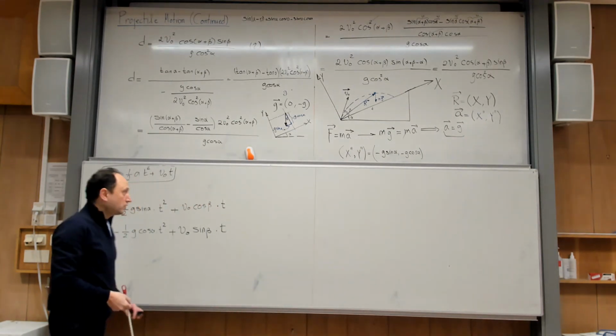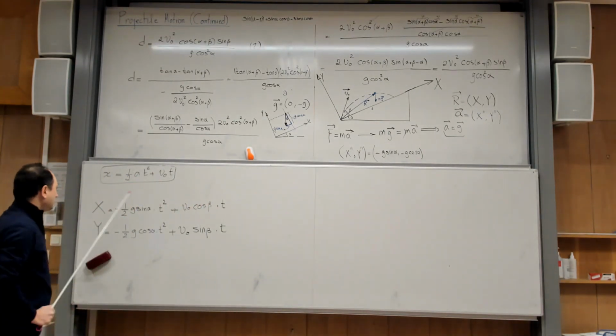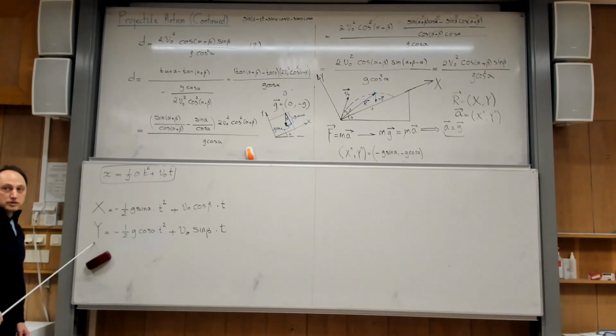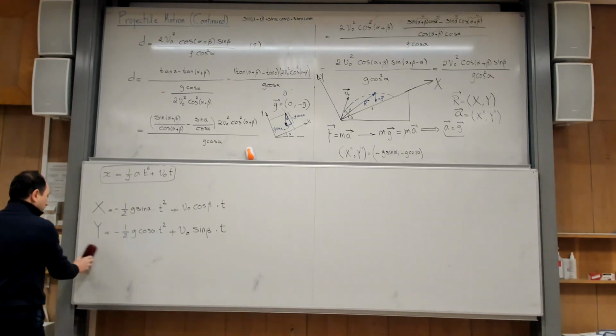Yes? So what I need to do, I need to put capital Y equals to 0. Understandable? Because if I put Y equals to 0, it gives me times at which capital Y is 0. Yes or no?